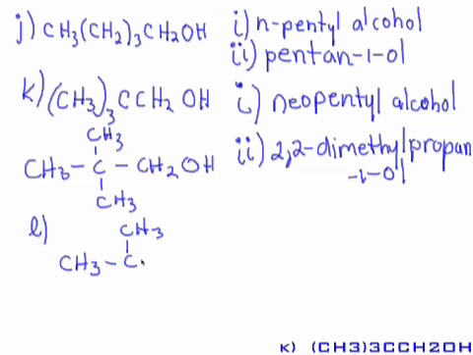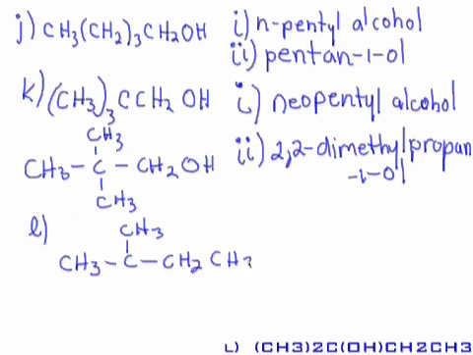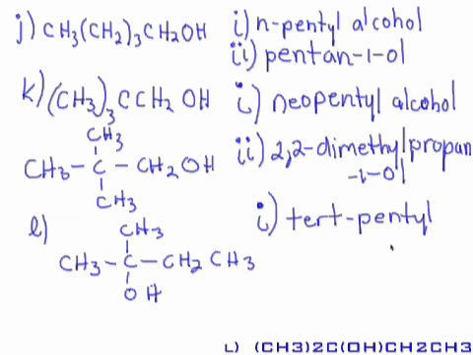Again, we have this long carbon chain, and there's 1 methyl off of the second carbon in, so this is derived from isopentane, but we pulled the H off the tertiary carbon of isopentane and stuck the OH on. So the common name will be based on tert-pentyl, and that's tert-pentyl alcohol.